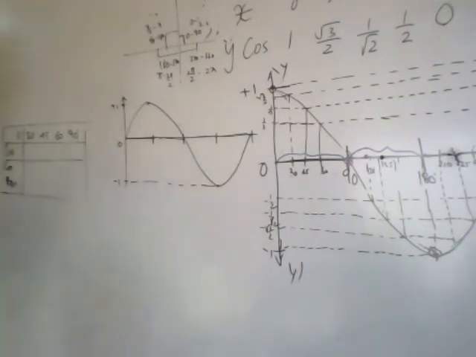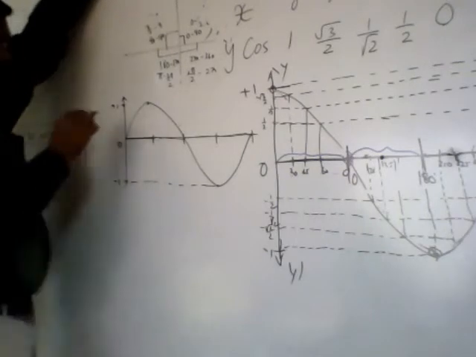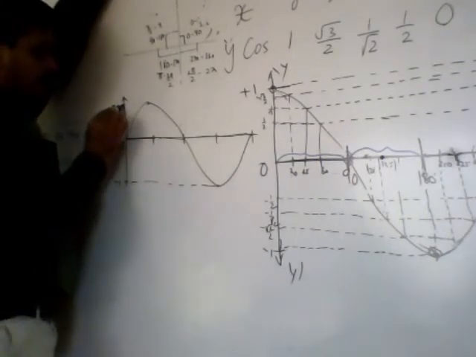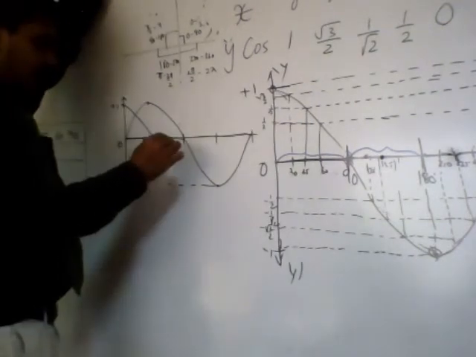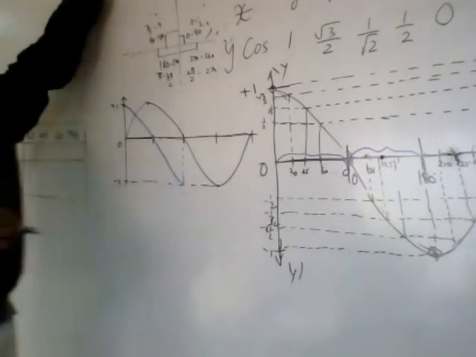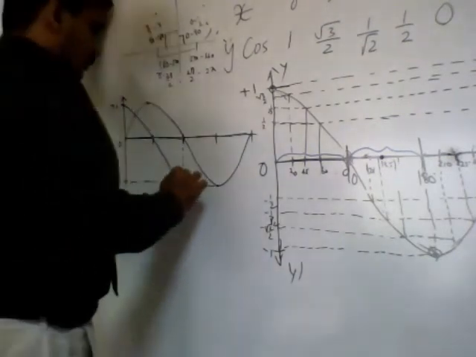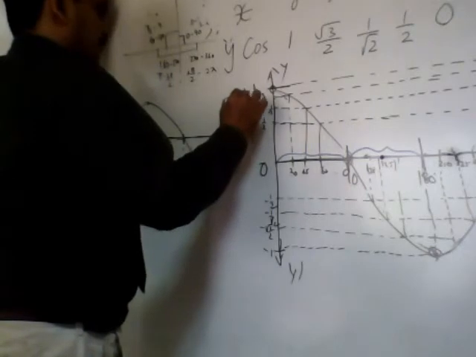If I attempt to draw the cos curve on the same graph, it will be interesting to see how it superimposes and how it intersects. Now, cos 0 is 1, cos 90 is 0, cos 180 is -1, cos 270 is 0, and cos 360 is +1.